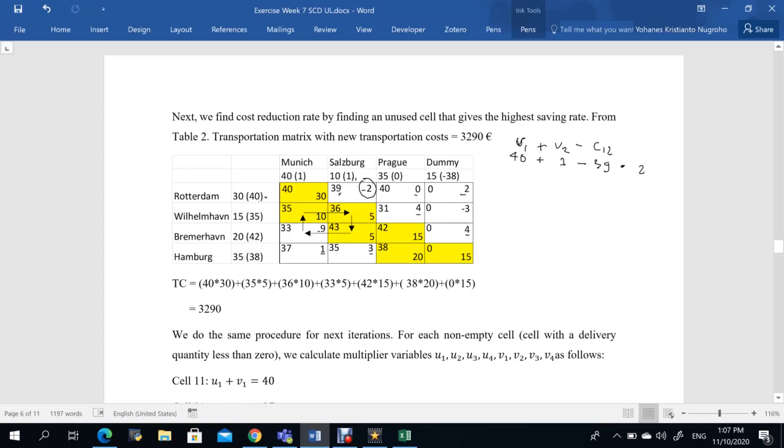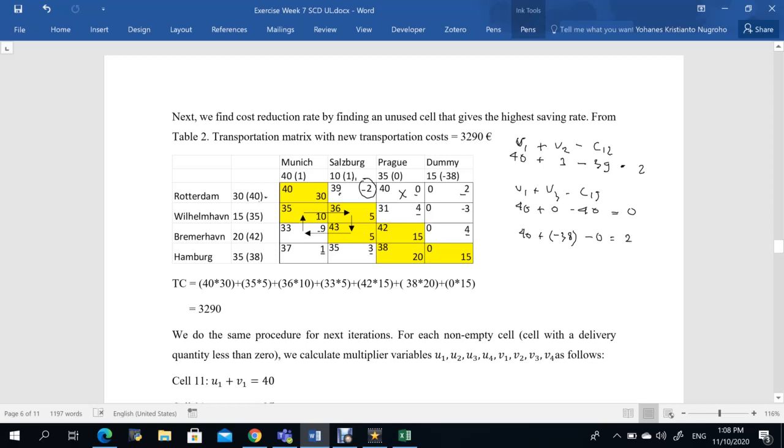What about this one? U1 plus V3 minus C1,3 equals 40 plus 0 minus 40 equals 0. Therefore, there is no benefit of using these cells. Okay, we still have benefit of using these cells. And what about these dummy variables? It is 40 plus, here we have minus 38, and then minus 0 equals 2.